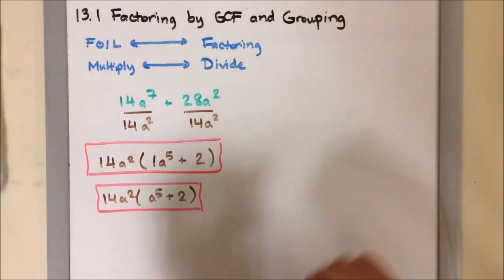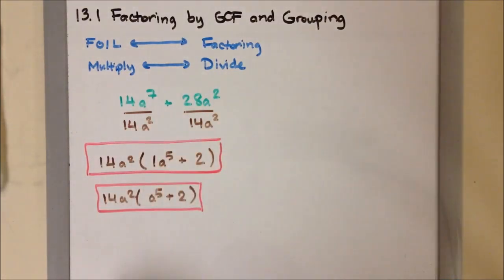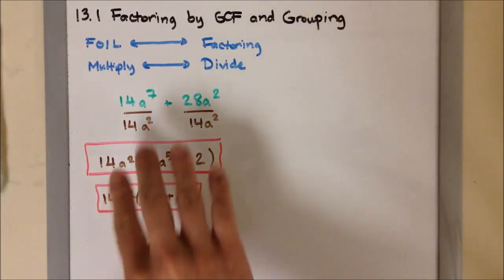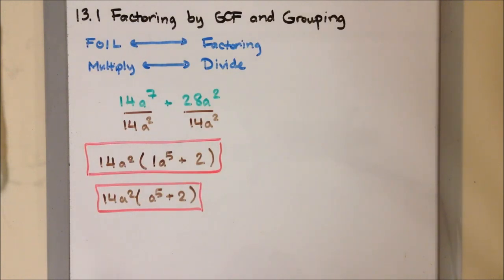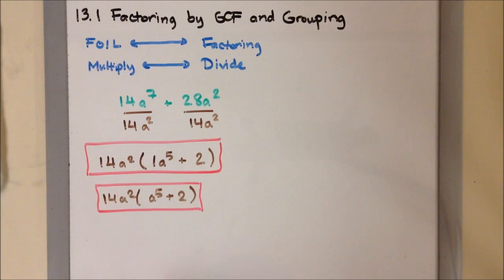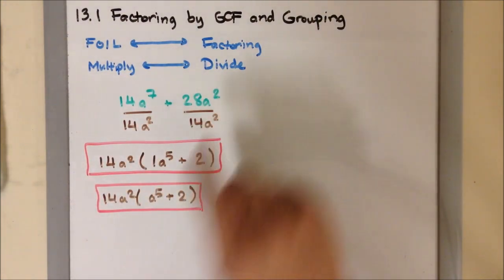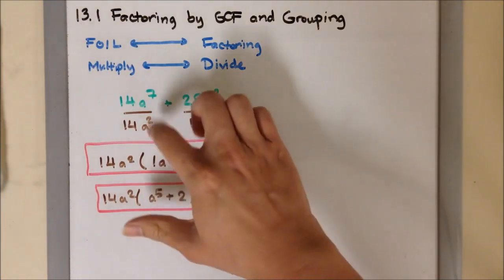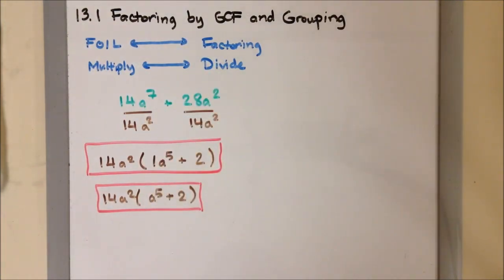So to review, in this example, both terms were divisible by 14, and they were divisible by the same variable, a to the 2nd power. When you're dividing with the same variable, you always use the smallest exponent. And then when you're dividing, again, it's just subtracting top minus bottom exponent.